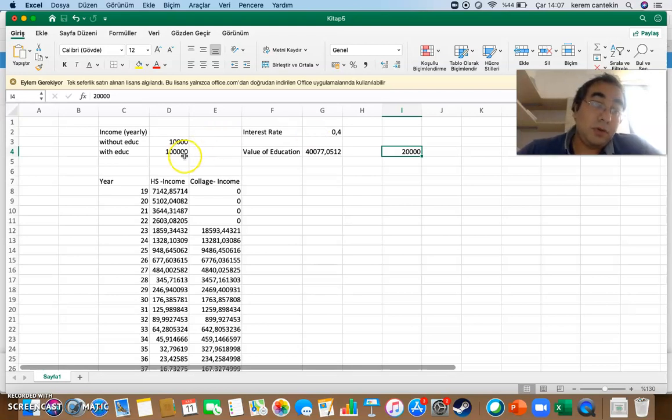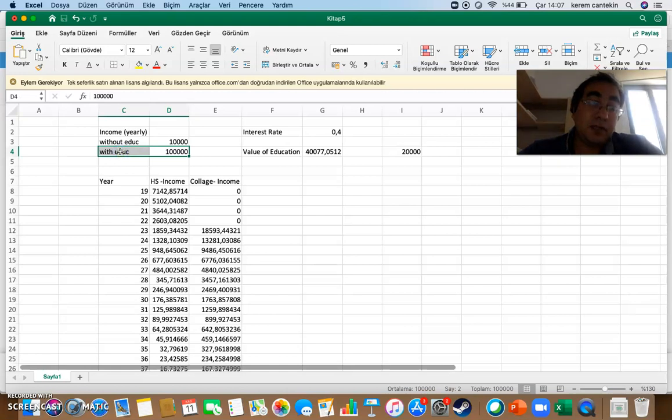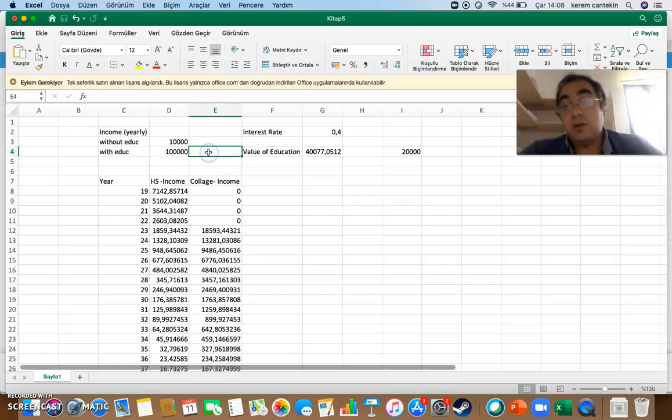It might also prevent people with relatively low potential return from getting education, because for them the value of education will be less, as they are expected to earn less when they get the education.